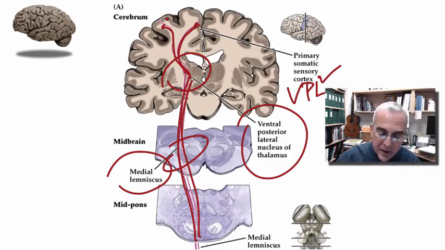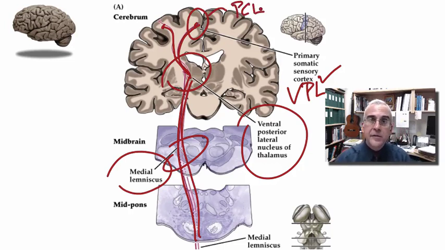For example, the fiber that is projecting here into the paracentral lobule is a fiber that was activated by the gracile tract, and that fiber is communicating somatic sensory signals from the lower extremity.